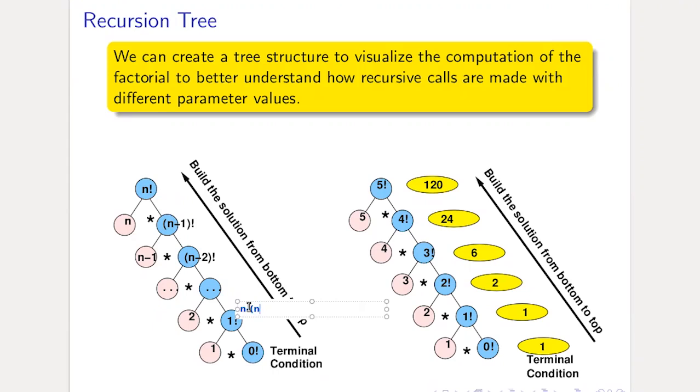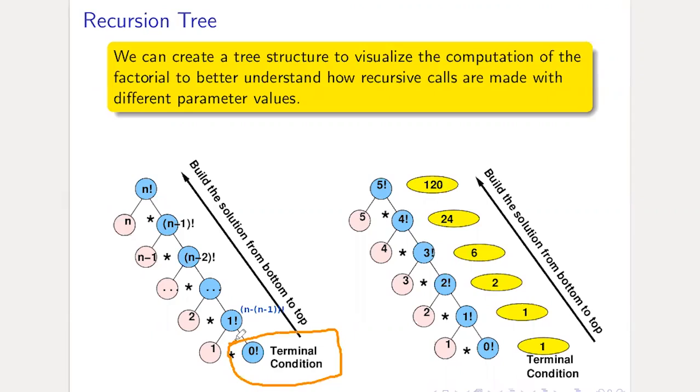That would result in the factorial of that. So essentially, that would be the factorial of 1. And factorial of 1 would be 1 into the factorial of 0, which is the terminal case. We have already decided on that, the terminal case.